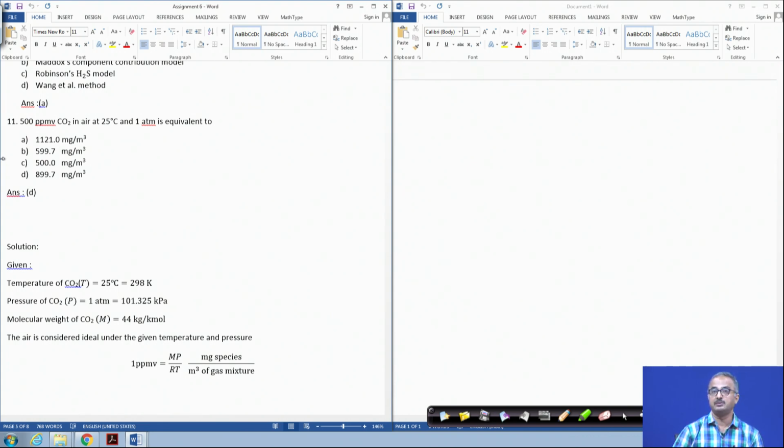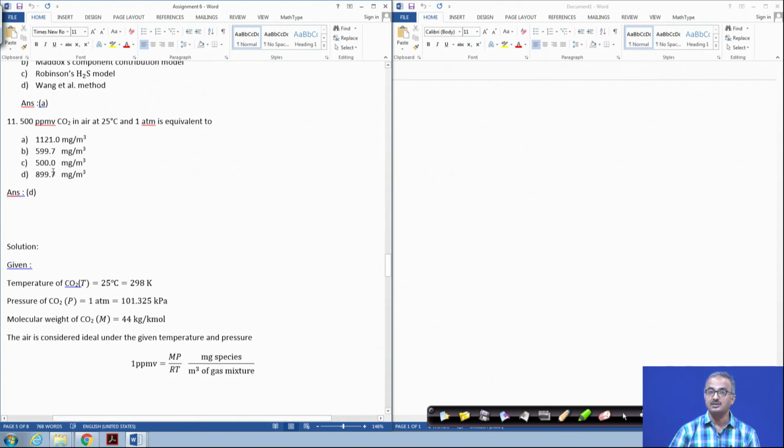Many times we put them in terms of ppm or sometimes ppb, that is parts per billion. So it is always good to have a better feel of it. We sometimes want to know them in terms of their mass concentration, that is, how much mass is contained per unit volume of the mixture.